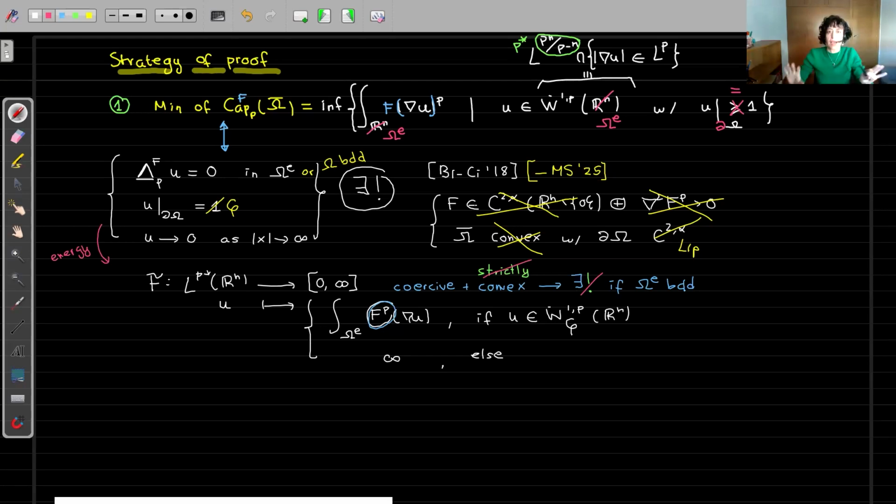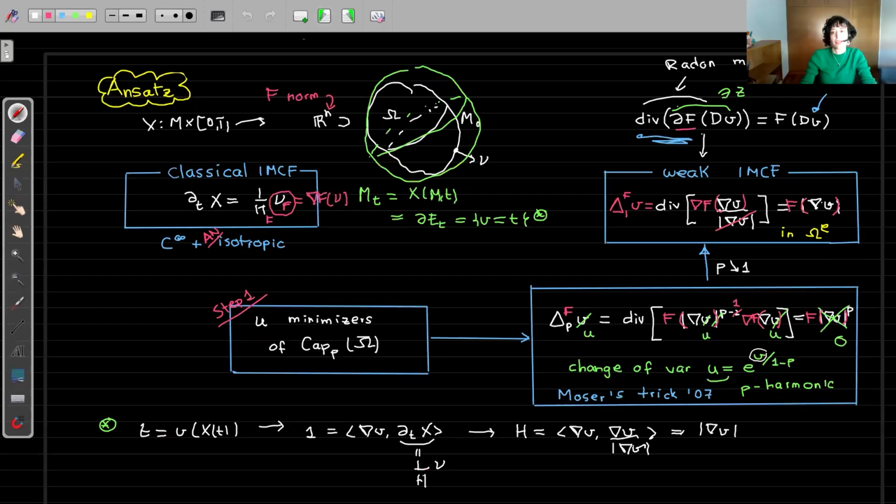Let me make some parentheses here to tell you about the uniqueness, because I think that philosophically what we do is nice. The flow of ideas in all the papers I know that use the Moser trick goes in this direction: you study P harmonic functions, then undo the change and take the limit.